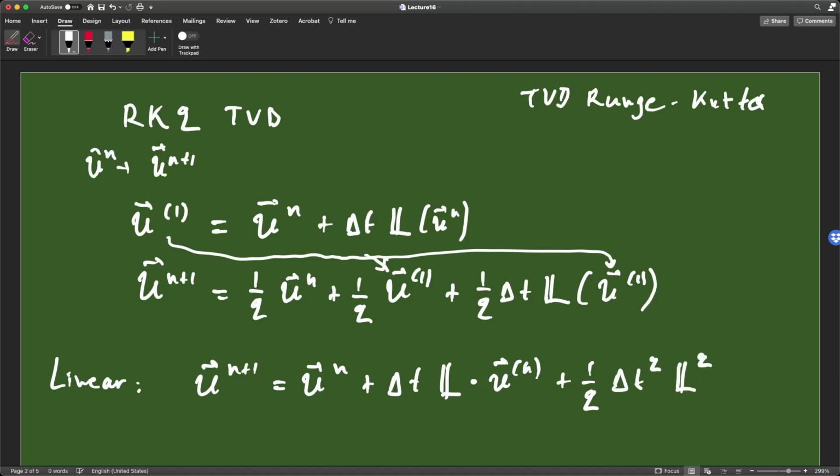So that's the matrix L squared dotted onto un.